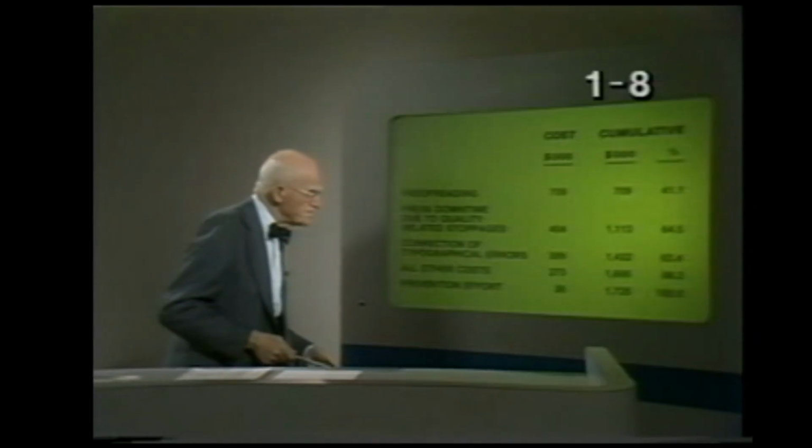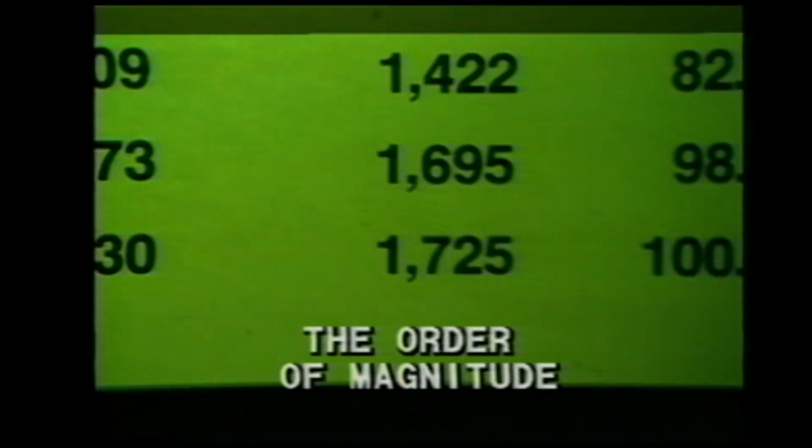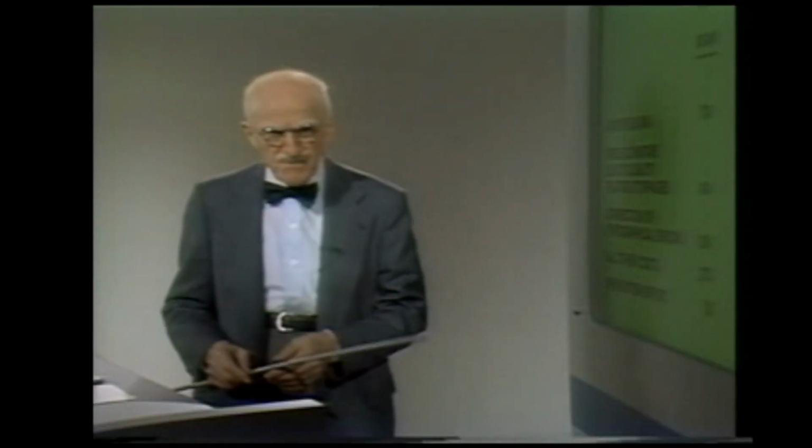Here's an example. A printing company raised the question, how much less would it cost us to operate if we had no defects? They came up with these figures. Notice the principal disclosures, the order of magnitude. The total of 1.7 million was a big sum for a modest-sized company.